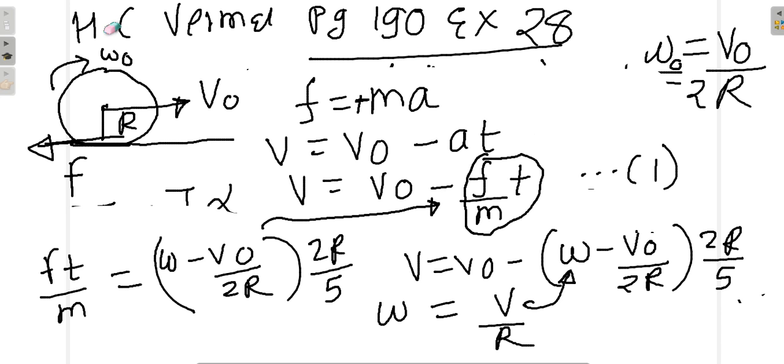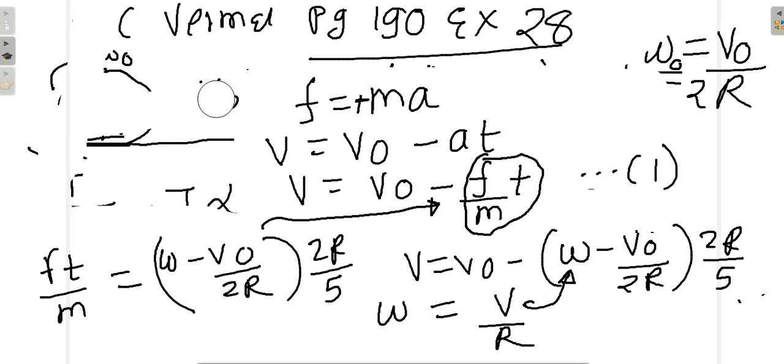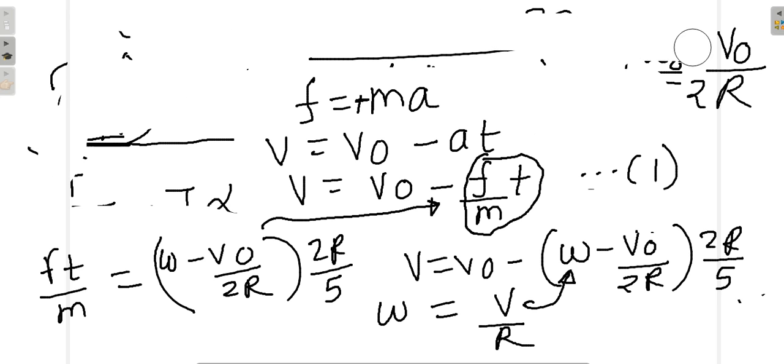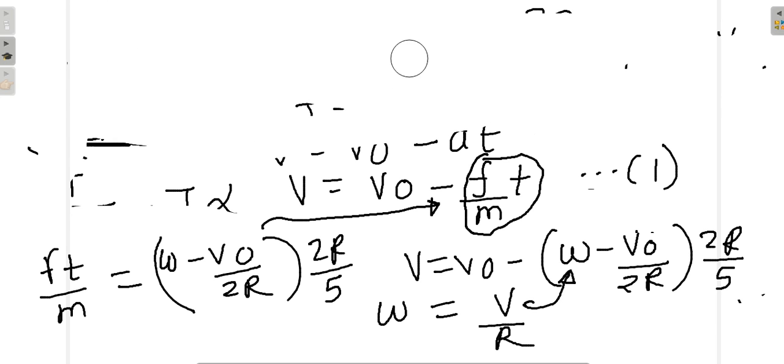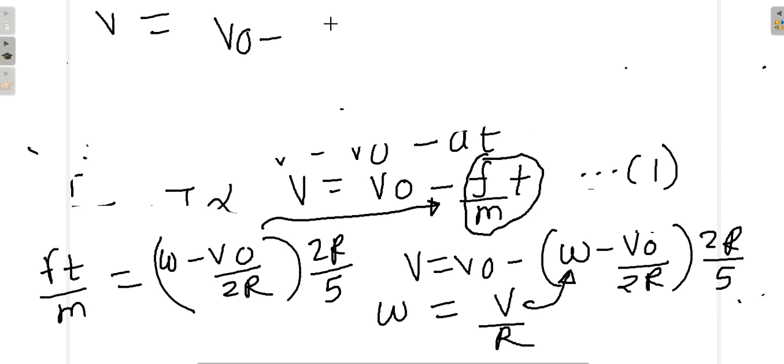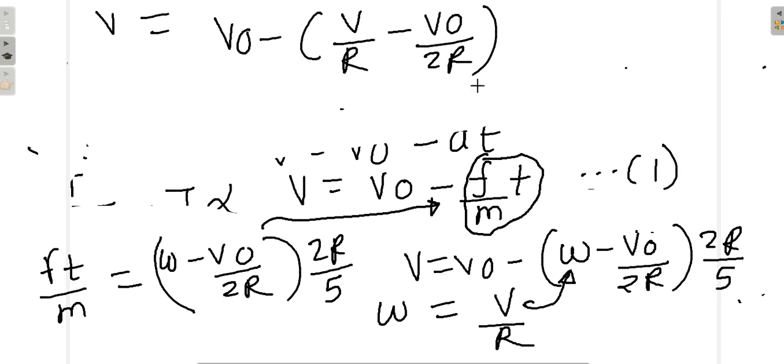Let me just clear this, because we are arriving at the final part of our solution. For pure rolling, we have a situation in which omega must be v upon r. So let me finalize the solution here. v equal to v naught minus v upon r minus v naught upon 2r into 2r upon 5.